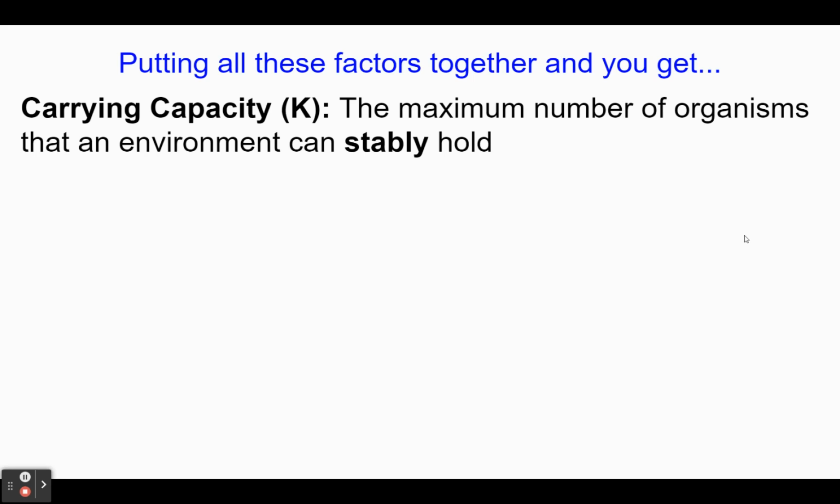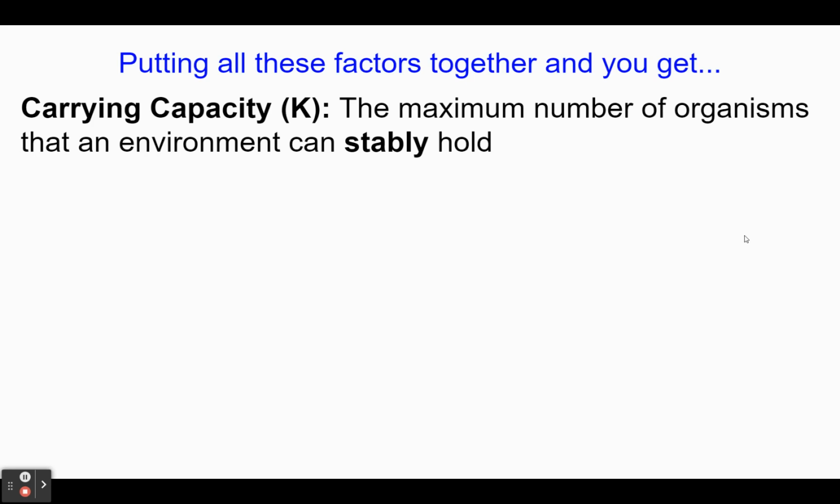It's not just the maximum number of organisms that we can squish into a place. The carrying capacity is the maximum number of organisms that can survive in a location year after year, reproduce, die off, refresh themselves, emigrate, and stably stay around that same maximum.